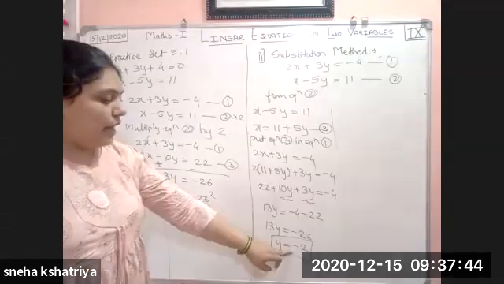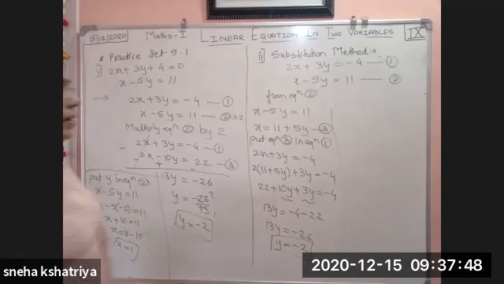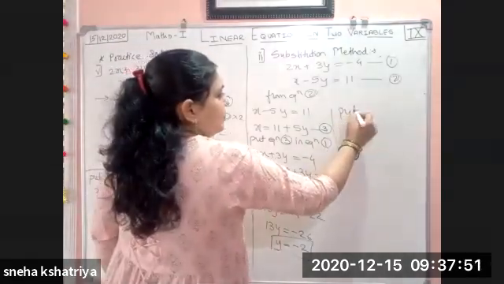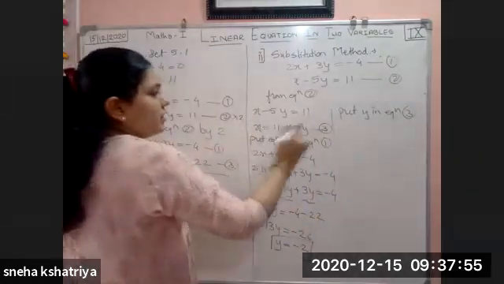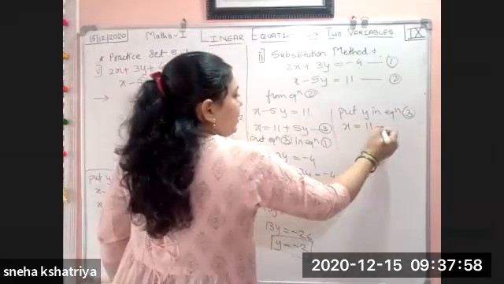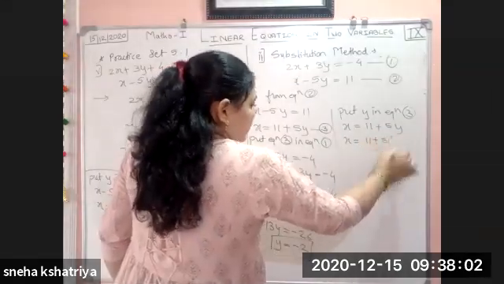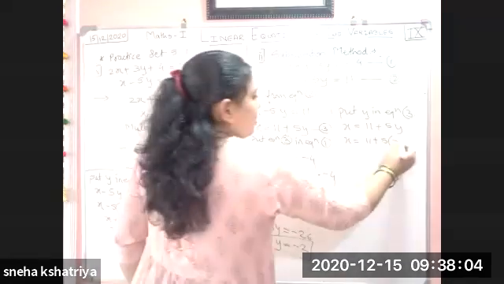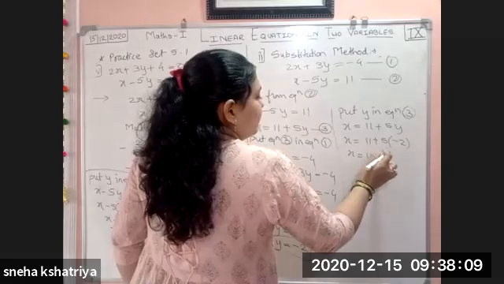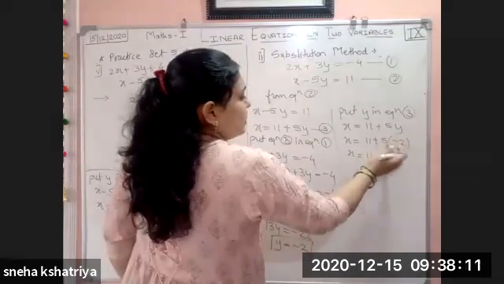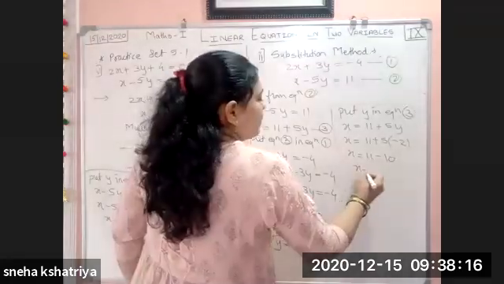Now put this value of y in equation 3. Here we will get directly the value of x. Equation 3: x is equal to 11 plus 5y. So x is equal to 11 plus, in the bracket, the value of y, which is -2. x is equal to 11 minus, because plus into minus becomes minus, 5 into 2 is 10. 11 minus 10, x is equal to 1.